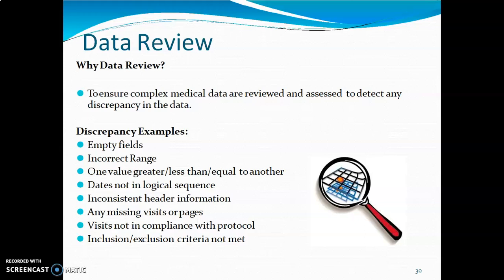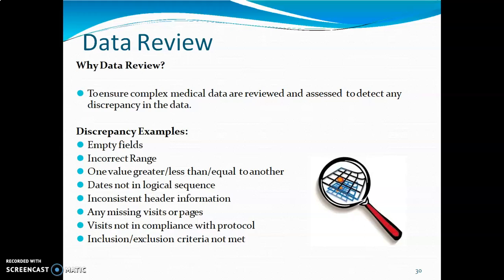Some empty fields, something in the file that is not filled, such data will actually be rejected. Empty fields come under this, so they will ask to fill the empty fields. It may be any of the options. Suppose for gender, while selecting, they have not marked it, an empty field should not be there. Or it may be an incorrect range. Suppose if it is violating the range, for example blood pressure, we know the normal value is 120 by 80 mmHg.